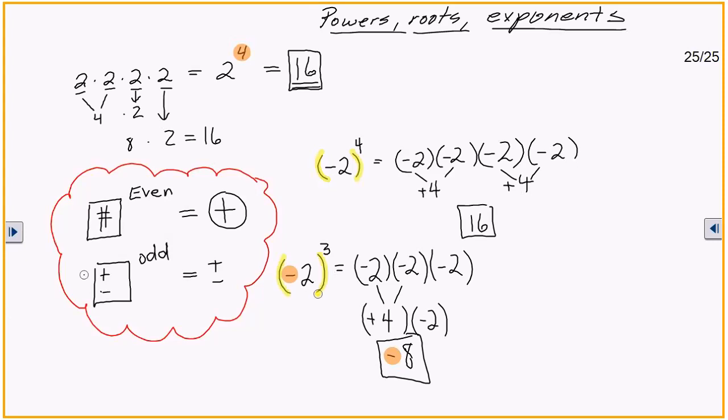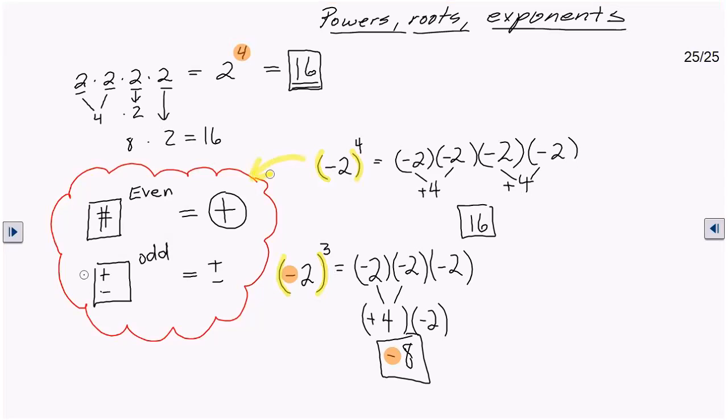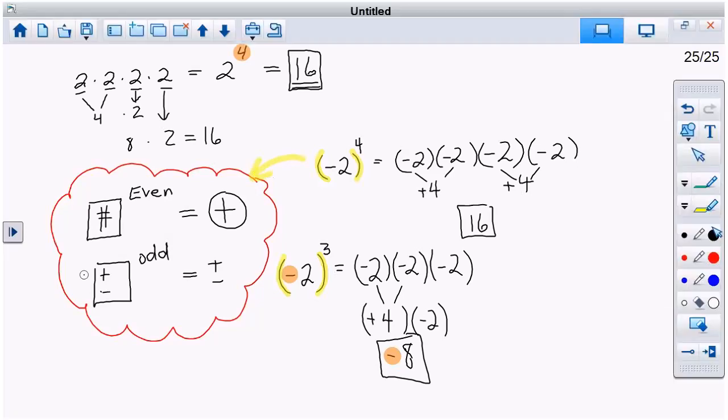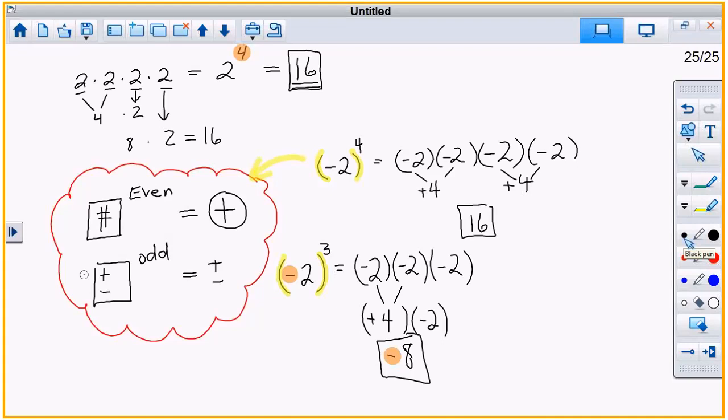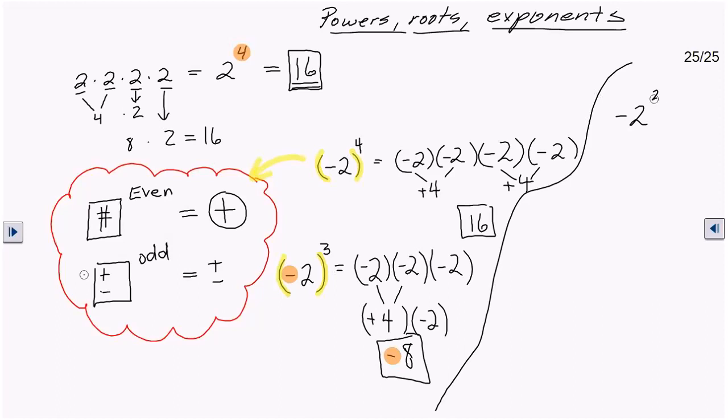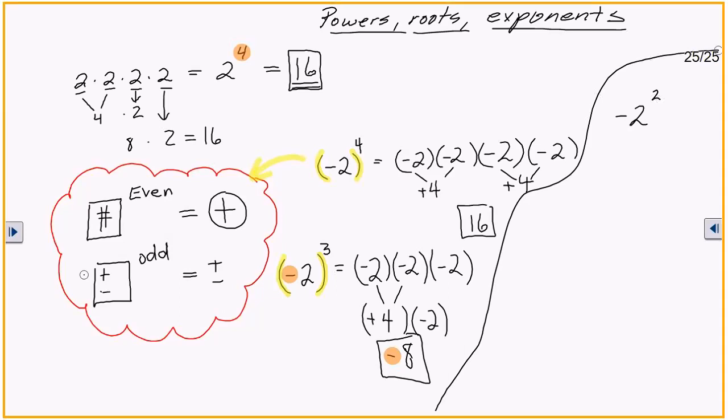Everybody see that? When the parentheses are around the sign, this rule applies. But if you are given this, that's not the same as this.